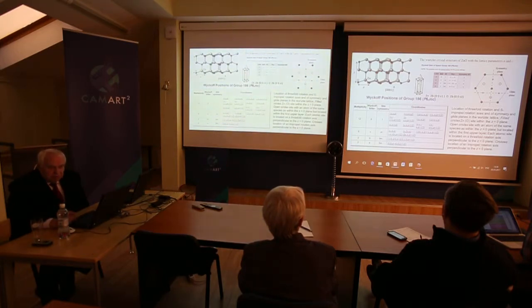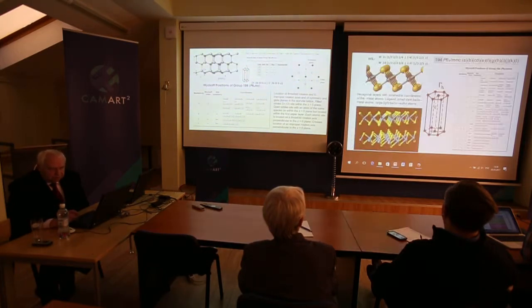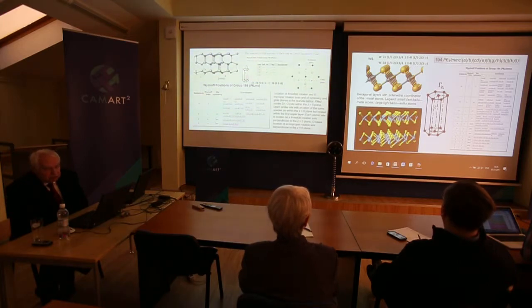Next one. Again, non-symmetric space group. This is another layered crystal, very popular also. Disulfide of tungsten. This is another space group, again with hexagonal lattice.